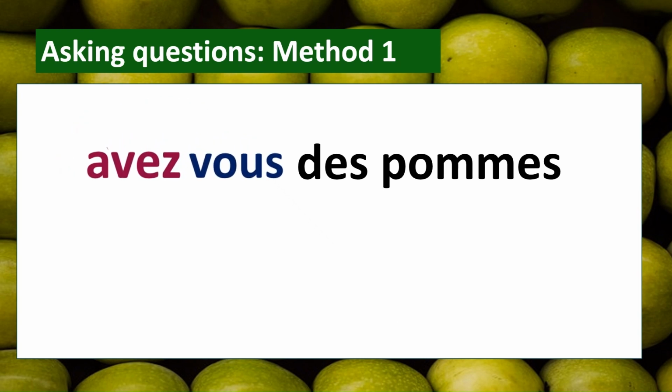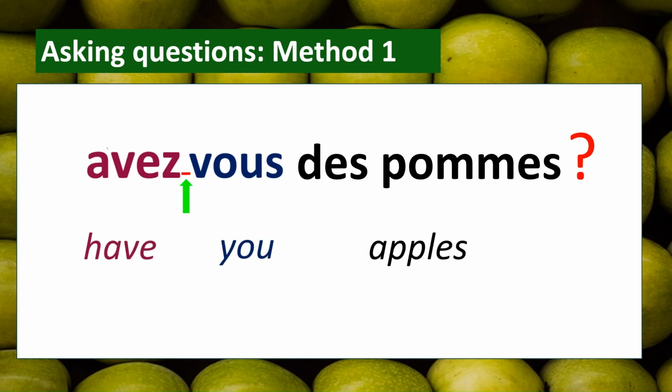And let's not forget the question mark and the little dash between the avez and the vous that shows that in fact we swap them round. And what it means is have you apples, a bit like when you say in English, have you got the time? Have you? It's exactly the same principle.